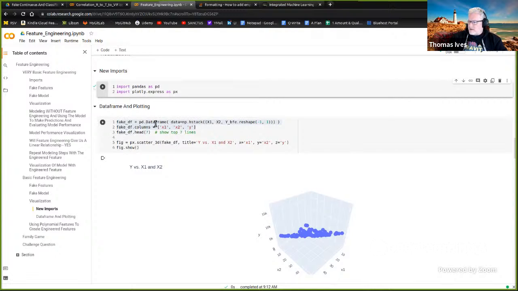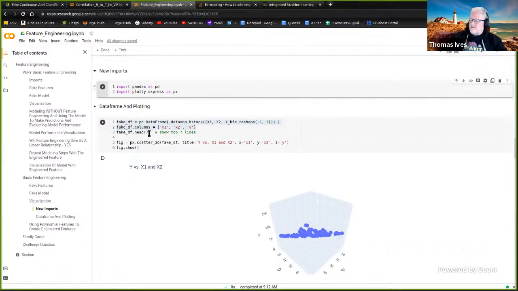And I'm going to create a data frame using NumPy, using the horizontal stack feature. I'm going to stack x1, x2, and that Y basic feature engineering label set, but I'm going to reshape that to a column array so that they're all columns. And here are my column names.